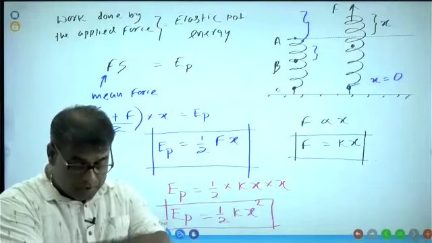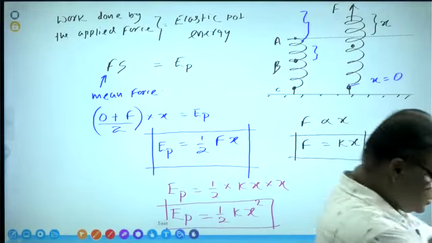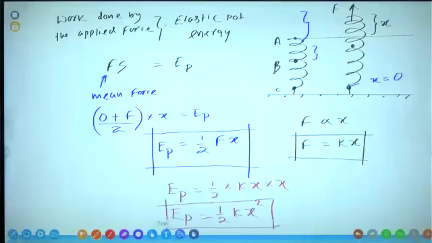For 221, write down: total mechanical energy is conserved for an isolated system in an elastic collision.